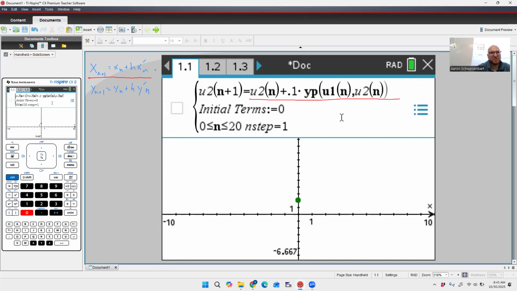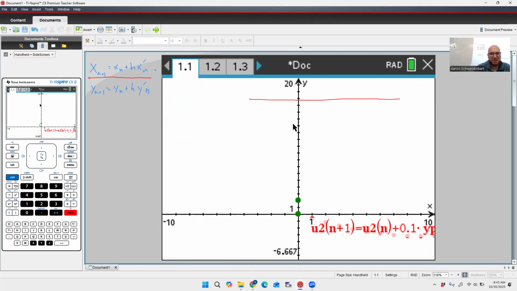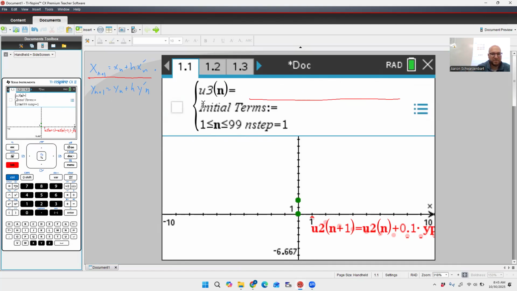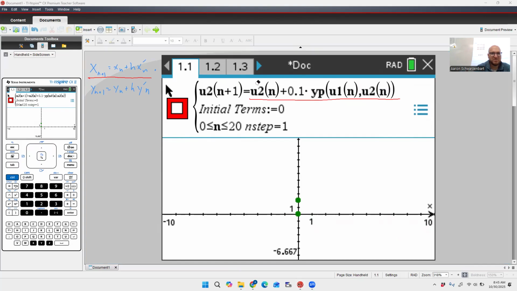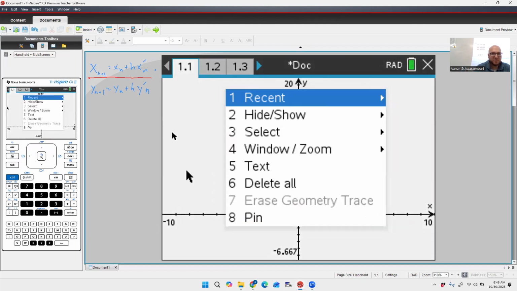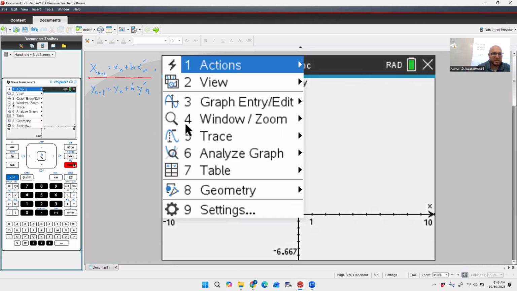Okay, have we got that far? So again, I'm gonna hit tab and turn that off because I don't want to see it. Now we're gonna go menu.